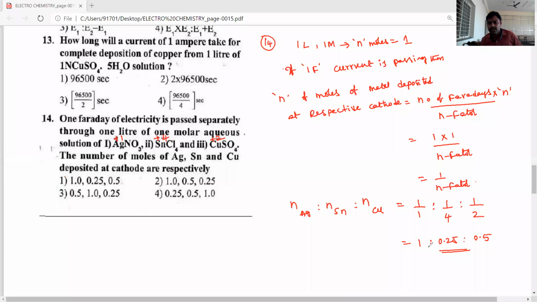We need to multiply the number of moles by its gram atomic weight. Silver 108, tin 0.25 into its gram atomic weight, copper 0.5 into its gram atomic weight. Then the weight will come, and the weight ratios as well. Okay, let's go for the next question.